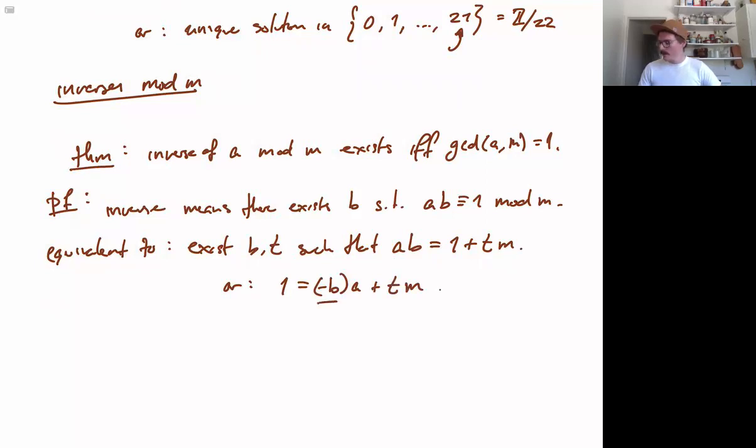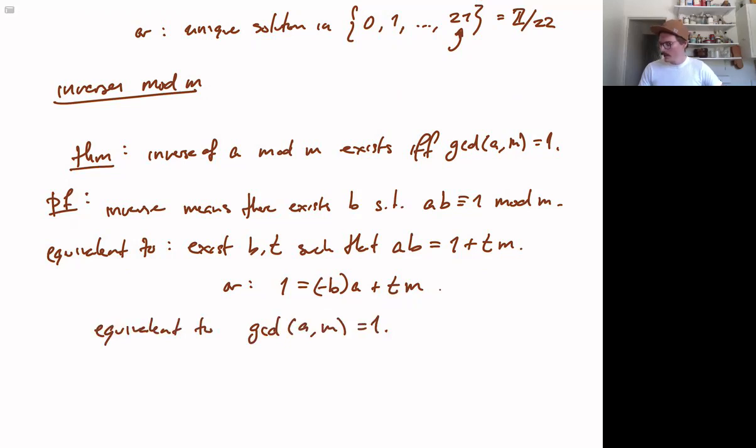And saying that there are integers, b and t, that make this equation true, you may remember from Bezout's theorem and our rules of divisibility that this, again, is equivalent to the fact that the GCD of A and M is equal to 1.